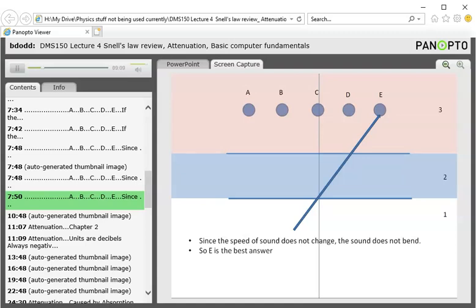Anybody remember? 1/2. Yeah, that one is real easy to remember. It's 1/2. All right, so that was Snell's Law in a nutshell.